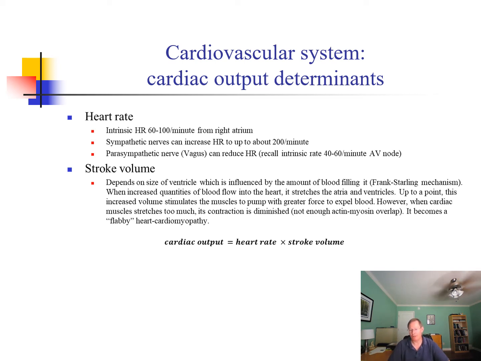That's what happens when you have a flabby heart, or what's called a cardiomyopathy, an enlarged heart. But normally, I will be able to, from stroke to stroke, change that stroke volume to accommodate my needs. Athletes, for example, are well tuned in terms of their pump because they can optimize that stroke volume so that they don't need as much of a heart rate in order to get a certain cardiac output.